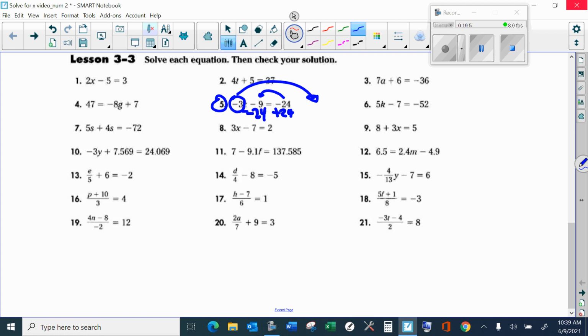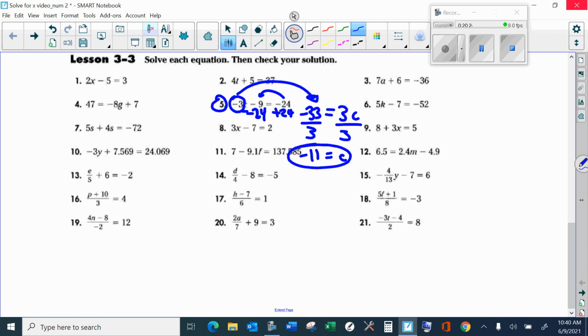By the way, some of you still haven't realized, even though your teachers told you this in middle school, that minus and negative are the same thing. Negative 24 versus minus 24 mean the same thing. All right, so now I have 3c on the right equals negative 24 minus 9, which is negative 33. And last step, divide by 3, and c is negative 11.